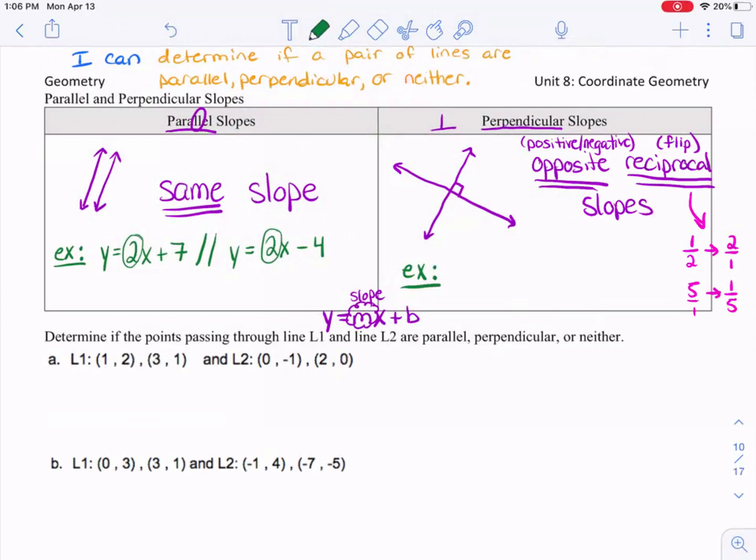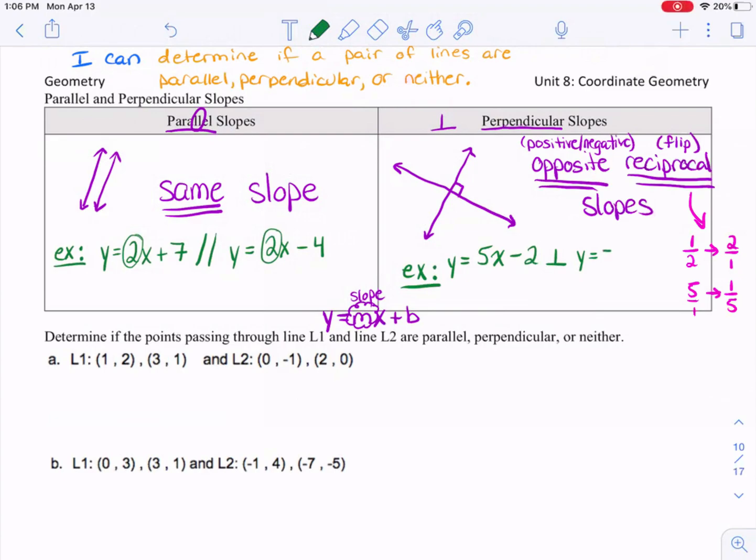So line 1, y equals 5x minus 2 is perpendicular to y equals, okay, now let's take that 5, make it the opposite sign. Right now it's a positive, so it will become a negative slope.